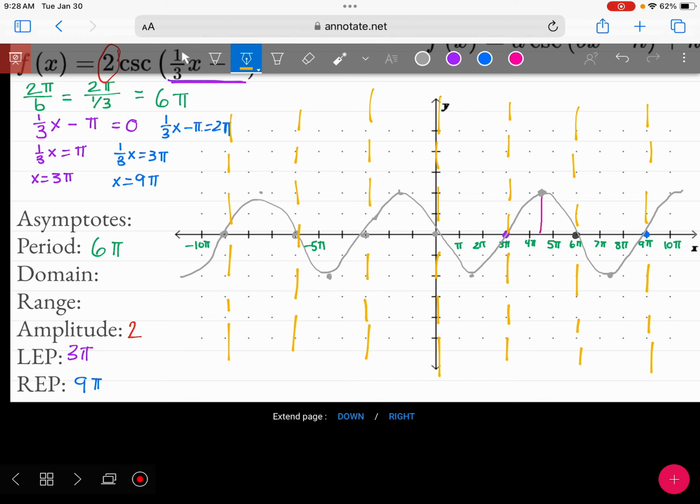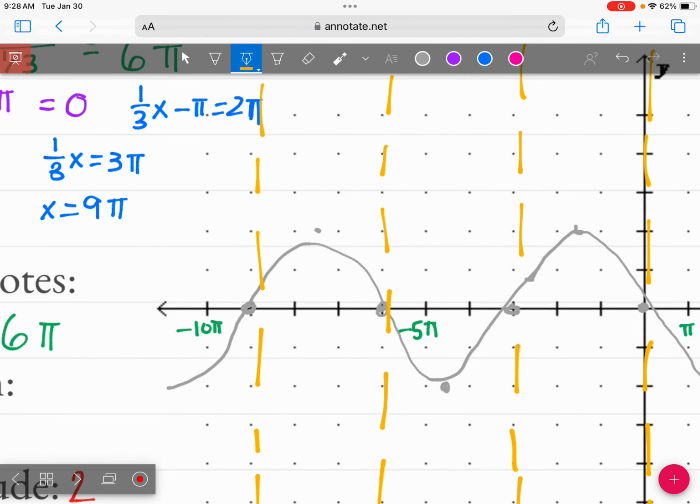How could I write down where our asymptotes are located? Because it's hitting on every 3n. It's 0, 3 pi, 6 pi, 9 pi. So we can say 3n pi, or pi 3n. I don't care what order it's in.